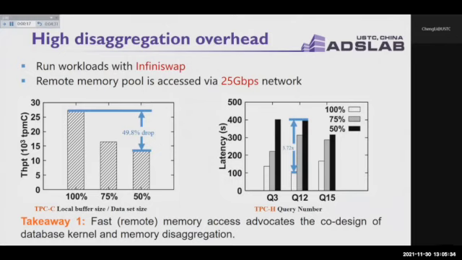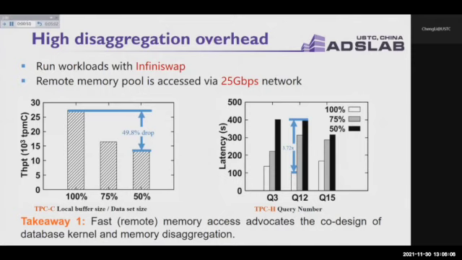We run the workloads with Infiniswap as one of the baselines we can find, which offers resource disaggregation. We maintain a remote memory pool, which can offload part of the cached data from local to remote, to alleviate the memory space problem. The remote memory pool is accessed via a 25 Gbps network with RDMA enabled, which can be really fast.